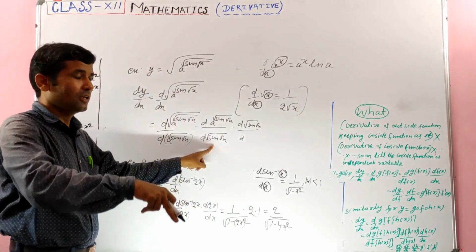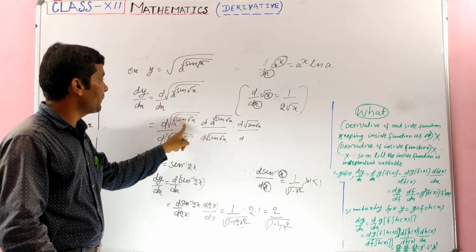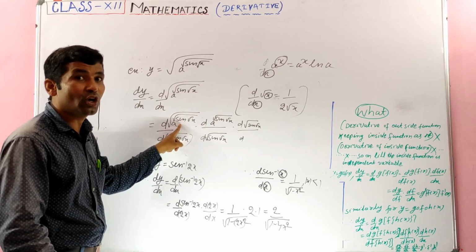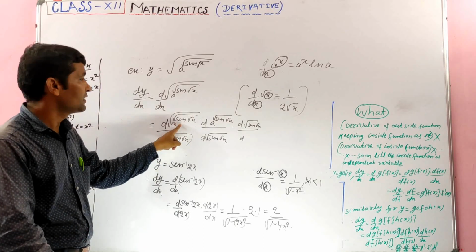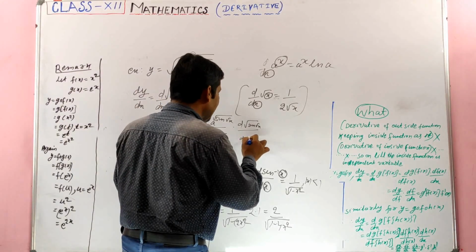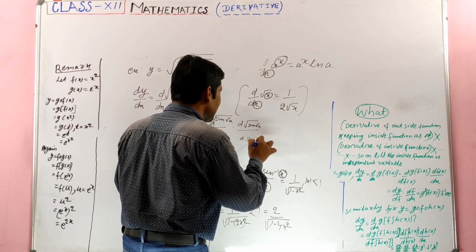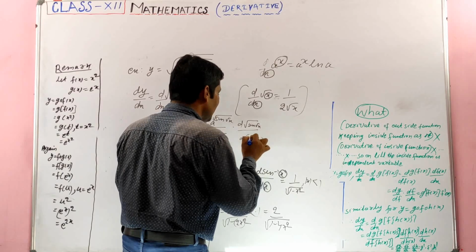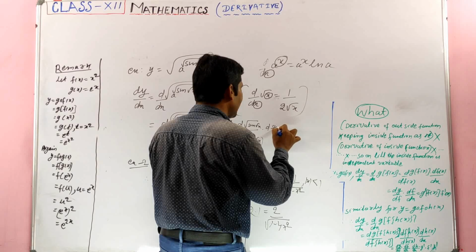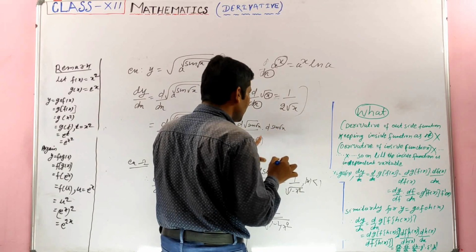But again look at the inside. What is the inside function? Inside the root, the inside is what? Sine root x, not exactly x. So the root inside is sine root x, which means you have to again adjust as sine root x. As it is divided, it should be multiplied: d of sine root x.